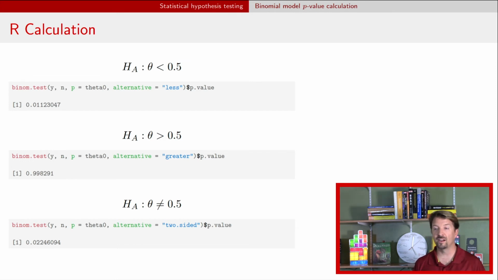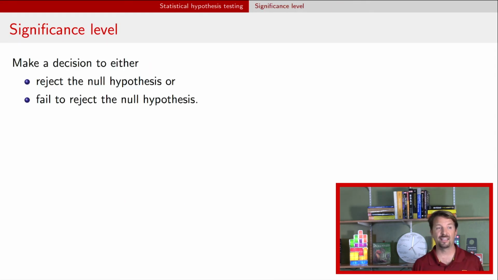Okay, so now we've got this R calculation. We've calculated the p-value for whatever particular hypothesis test we want to do. And now we have to remember that the whole goal was to make a decision. The goal is to make a decision to either reject the null or fail to reject the null.